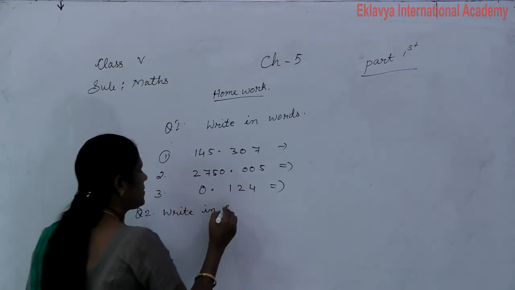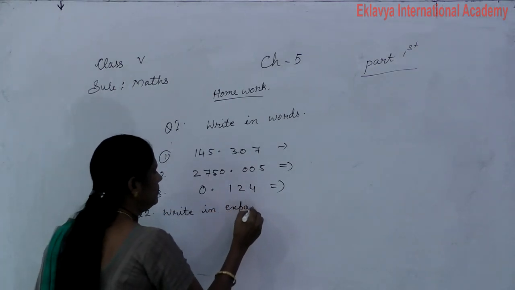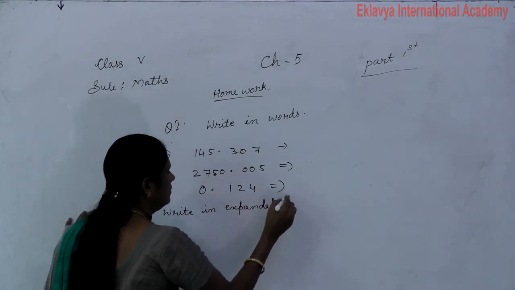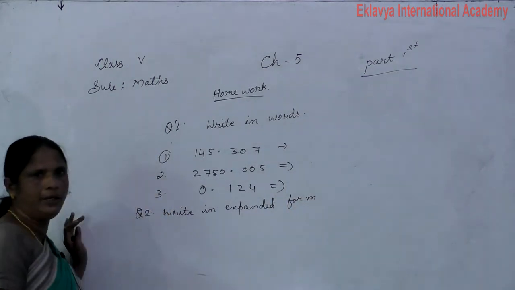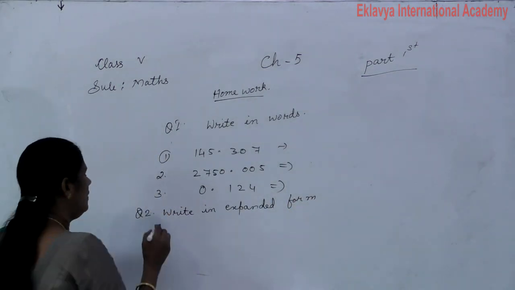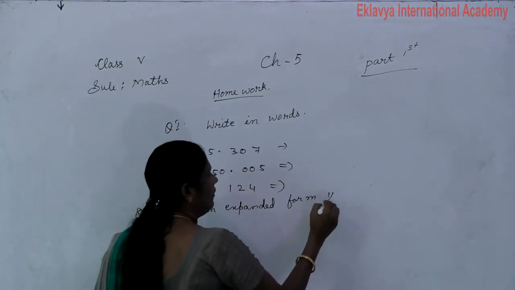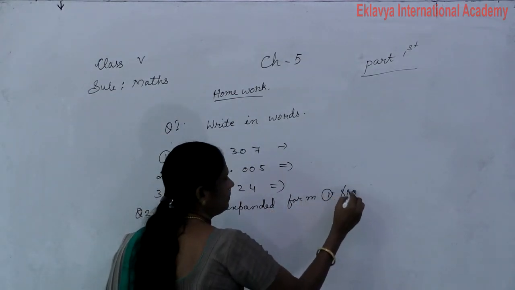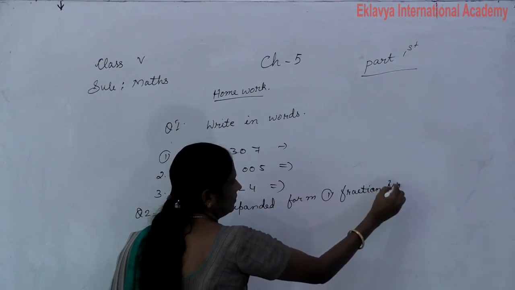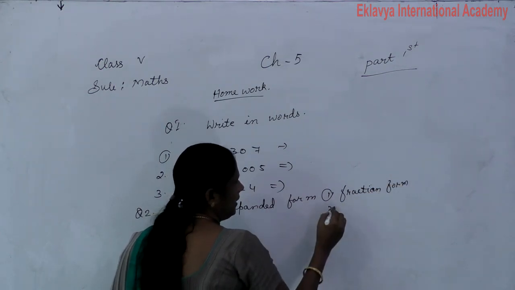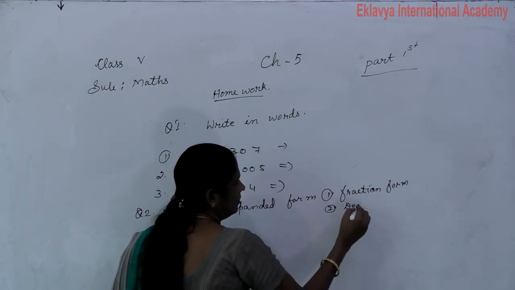The next question, write in expanded form. First you write the fraction form. Second, the decimal form.